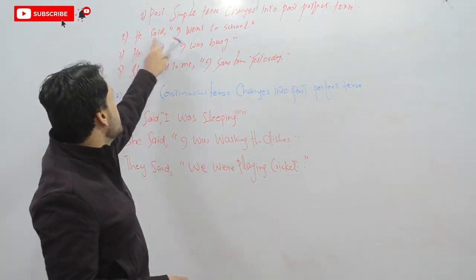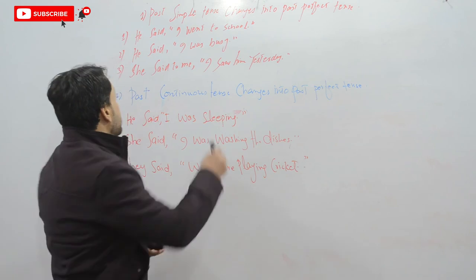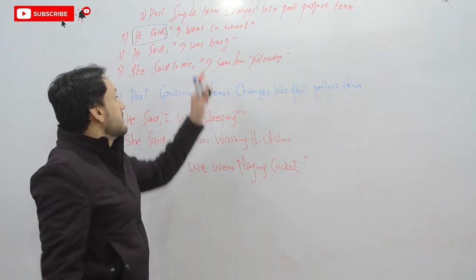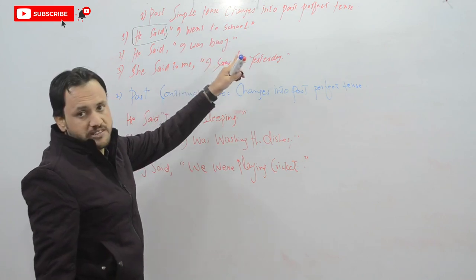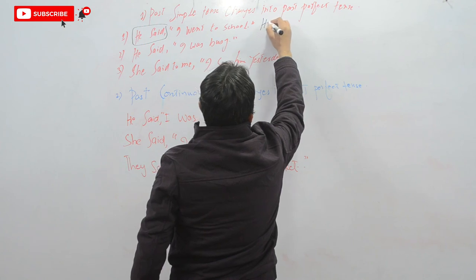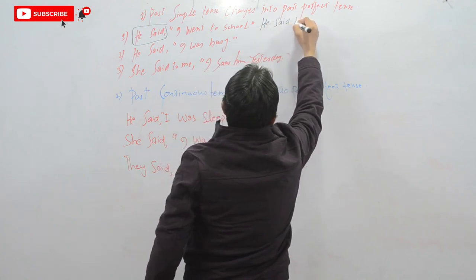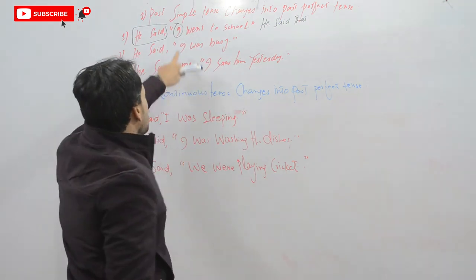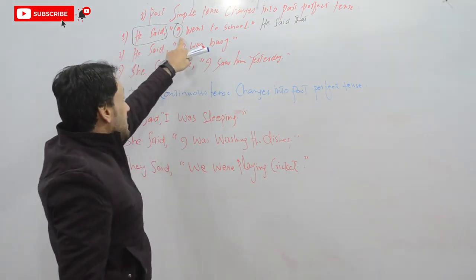For example, he said, I went to school. The reporting speech is in simple past, and the reported speech changes into past perfect. He said that. Look at the pronoun change according to the subject.